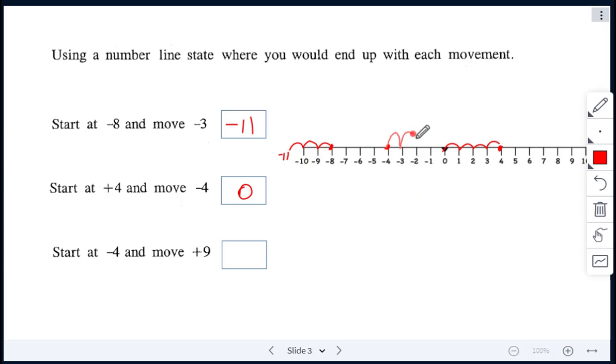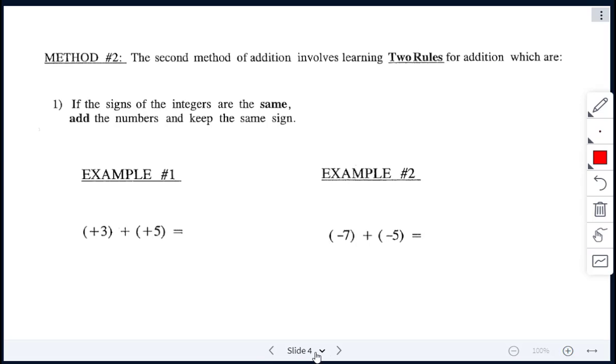So 1, 2, 3, 4, 5, 6, 7, 8, 9. And we do end up at positive 5. All right, so that was just a quick practice on how you would use a number line when you're adding integers. But we need to get into method 2, which has 2 rules.